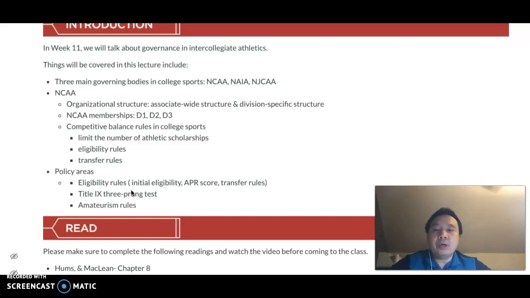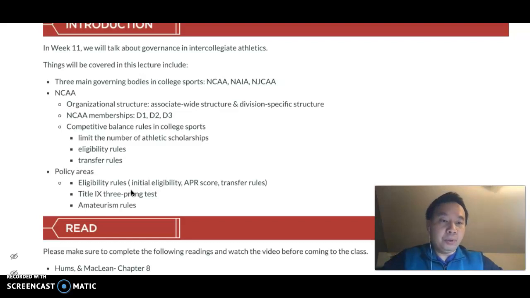We're also going to talk about some competitive balance rules that have been introduced in college sports, particularly limits on the number of athletic scholarships, making sure individual institutions don't have all the talent in one place. They also introduced eligibility rules, making sure college athletes are not just able to play sport, but also very strong in academics.